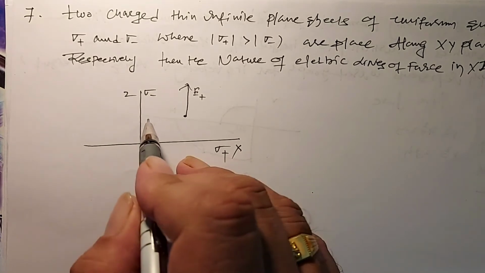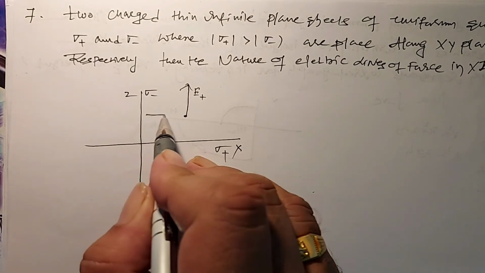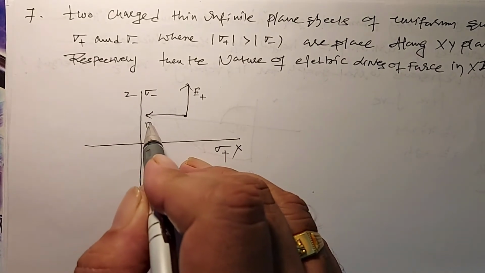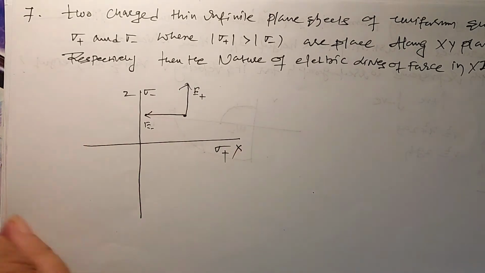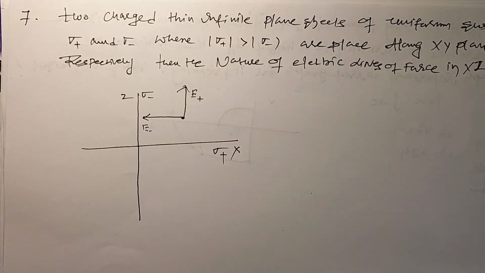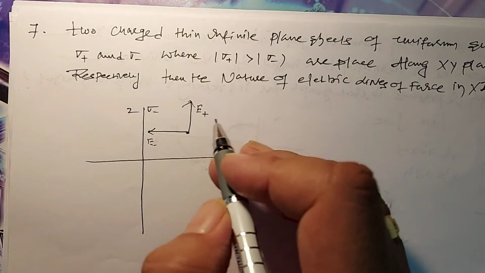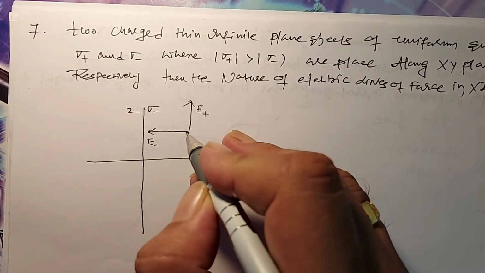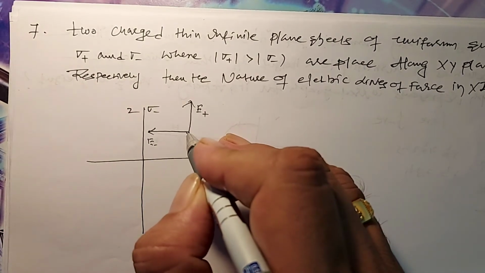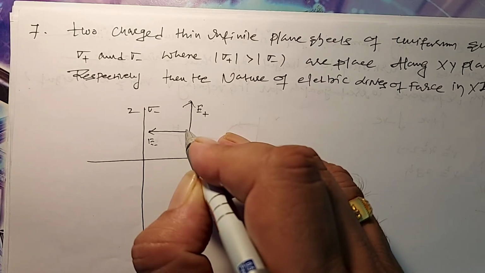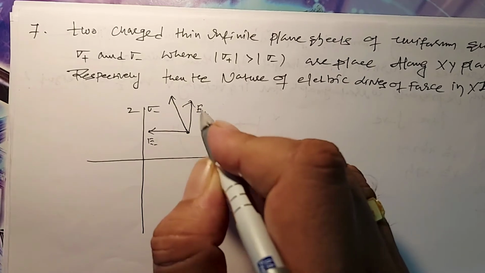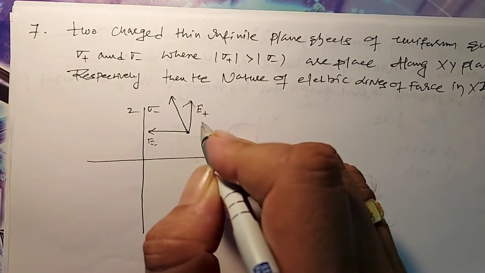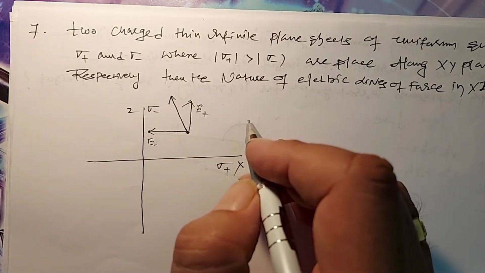Due to the negative charged plate, the electric field intensity is towards the plate, towards this side. So the resultant electric field intensity is not exactly at 45 degrees. It is very close to the electric field intensity due to the positive charged plate.